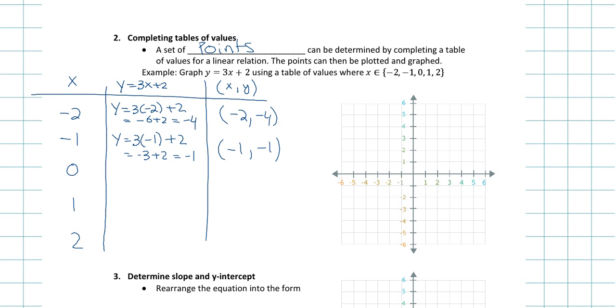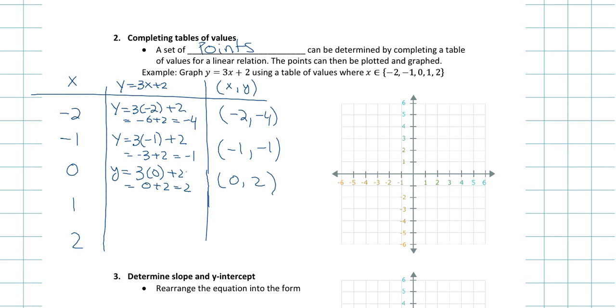What would be my next? 3 times 0. So you're going to replace the x with a 0. Plus 2. What's 3 times 0 plus 2? 3 times 0 is 0, plus 2. So your point is 0, 2. Is it hard?